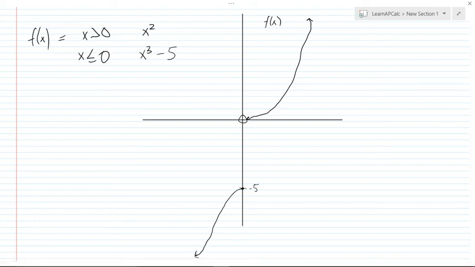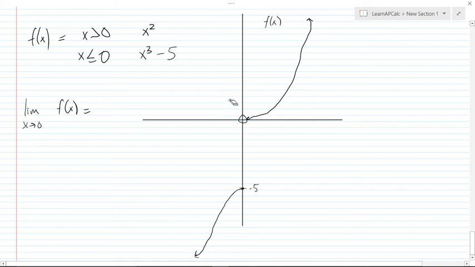So let's talk about limits here. I'm specifically concerned with the limit as x goes to 0. Now I talked about this in our limits video, or I will. As x gets really close to 0, what is this value approaching? Well, as we get close to 0 from the right, we're coming to 0.